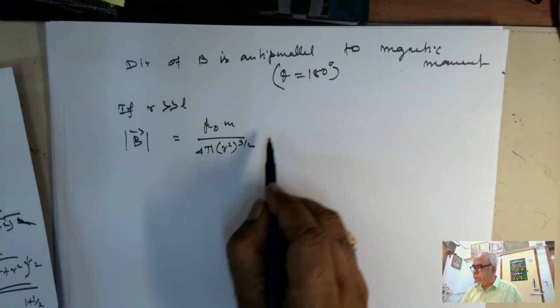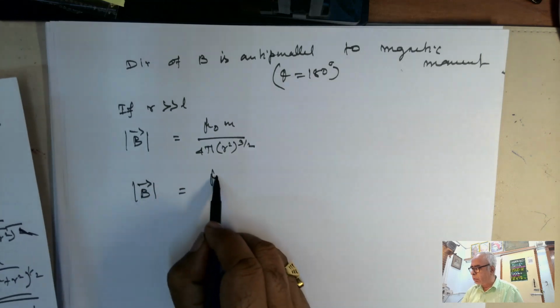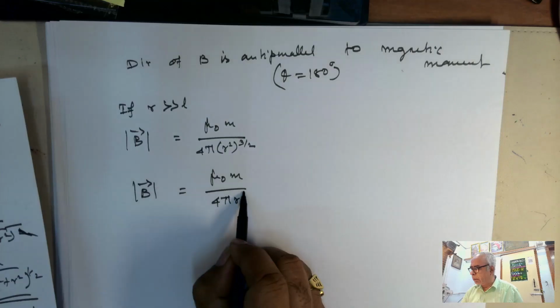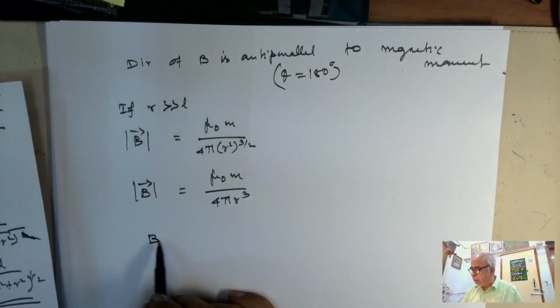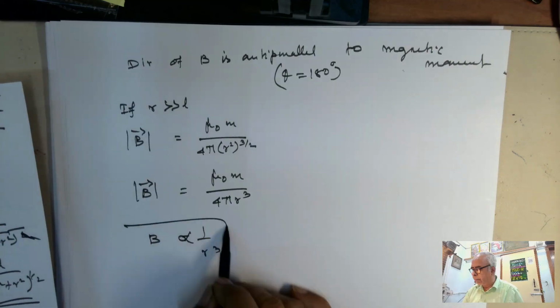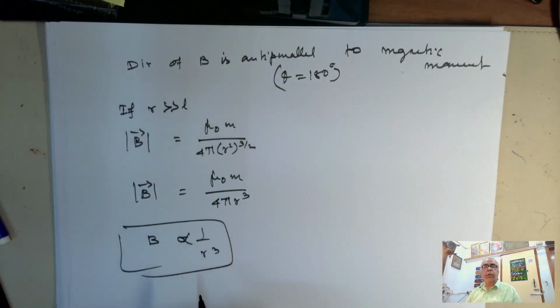So in that case it becomes R cube. Therefore the modulus of magnetic field is equal to mu naught m divided by 4 pi R cube. Again B is proportional to 1 by R cube only, mu naught m by 4 pi being constant.